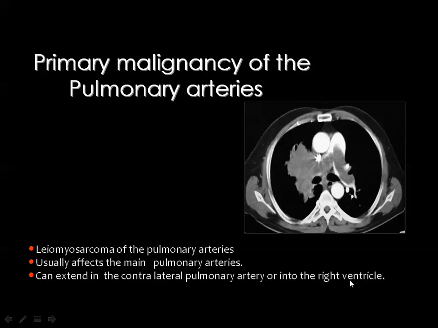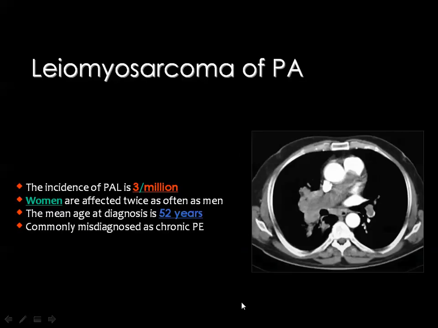Then you came to the primary malignancy of the pulmonary artery, which is the leiomyosarcoma, and this lesion appears almost similar to a massive case of pulmonary embolism, for example, but there are multiple big differences between both.